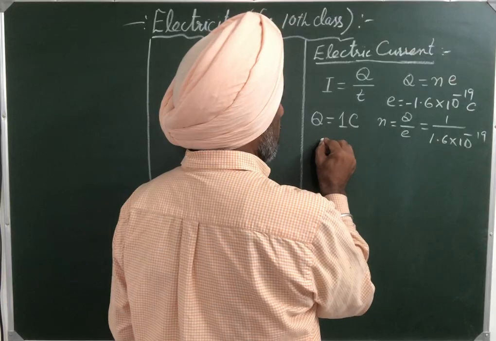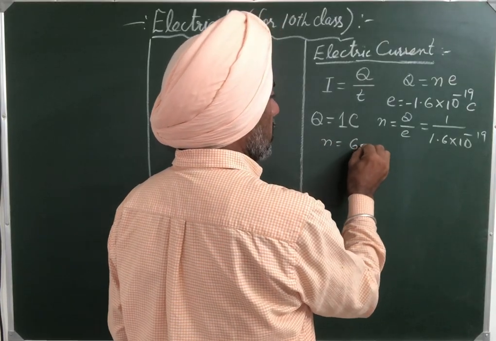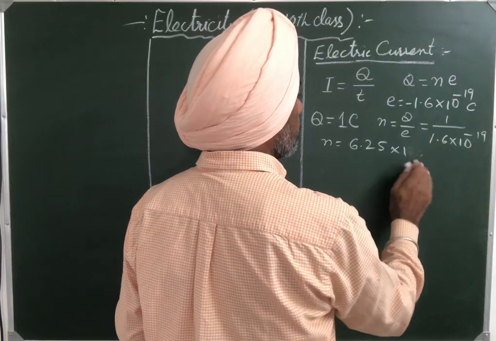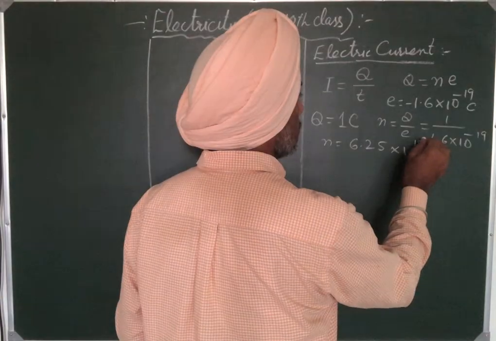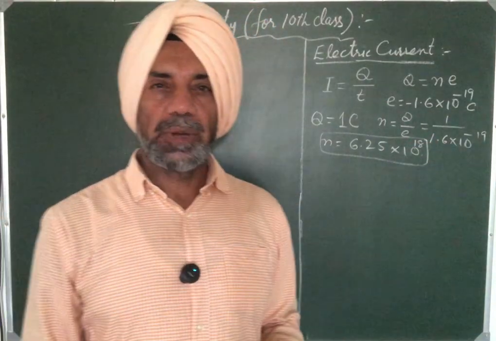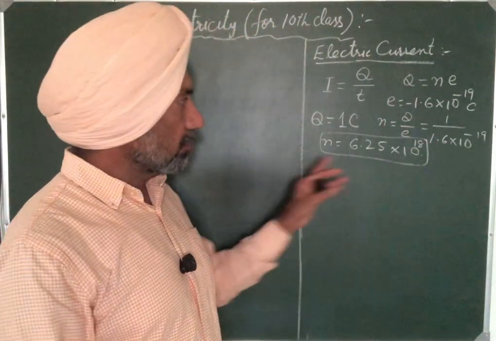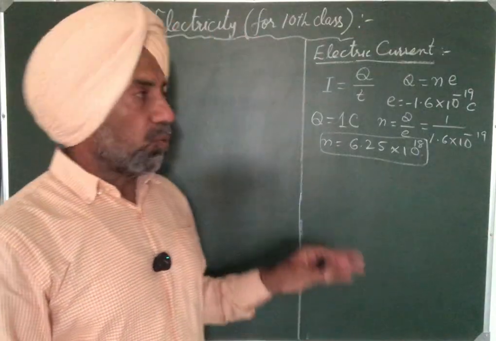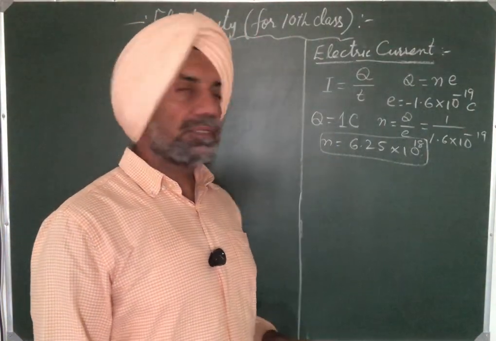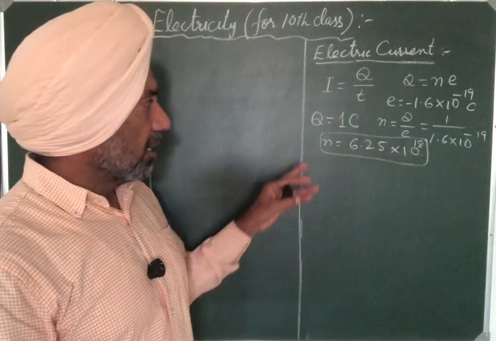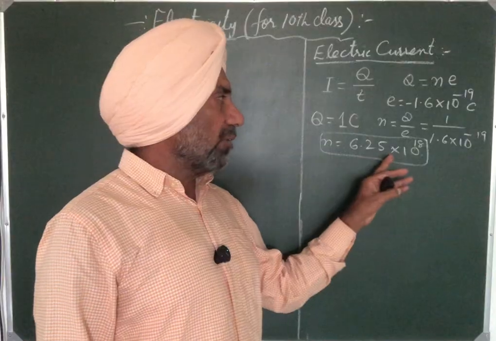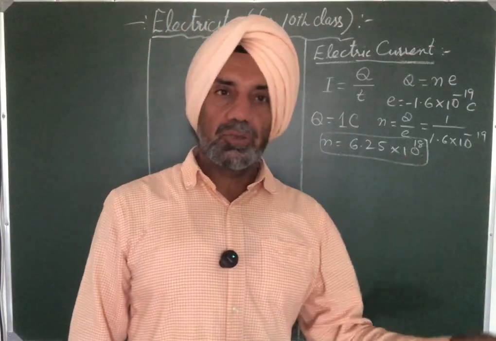So, it comes out to be N is equal to 6.25 into 10 raised to 18. So, it means 1 coulomb of charge is that charge which is contained by 6.25 into 10 raised to 18 electrons.